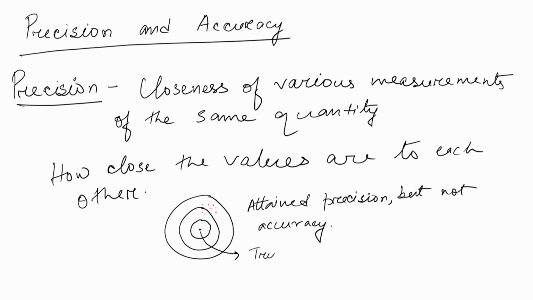This is the point that we need to reach. But in these cases, these points are far away from the true value, so they cannot be called accurate. They do not have accuracy. But these points are close to each other, so they are precise, or they have attained precision.